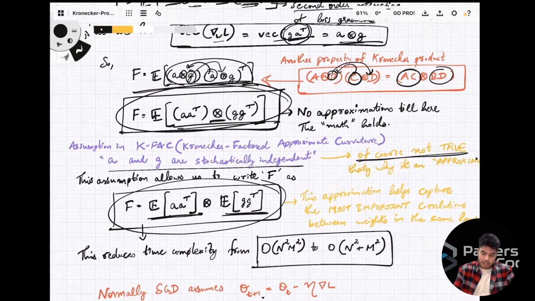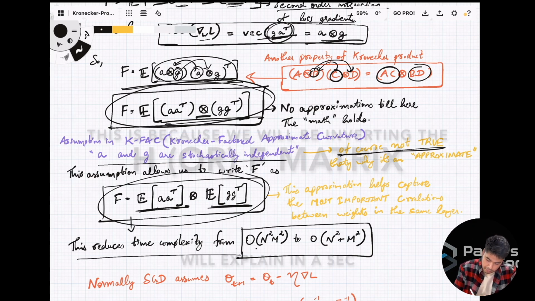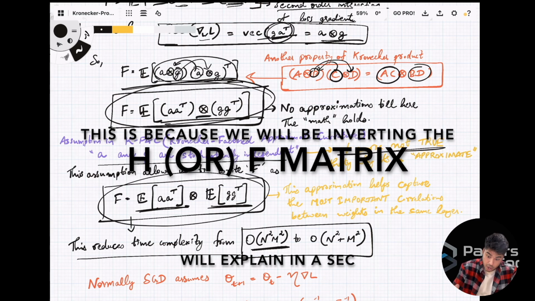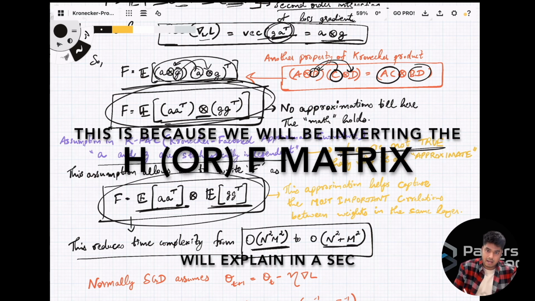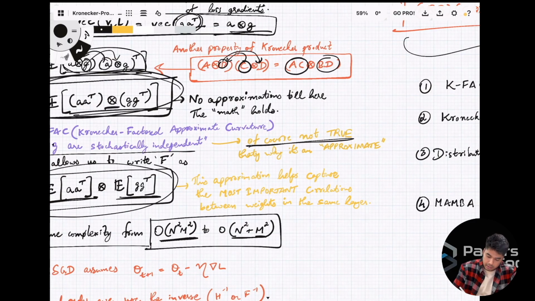So from a very computer science perspective, what happens is you reduce the time complexity from O of n square m square to O of n square plus m square, right? And what happens in linear time complexity is that if you have O of n square plus O of n square, the time complexity is still considered as O of n square, right? That's just a computer science thing.